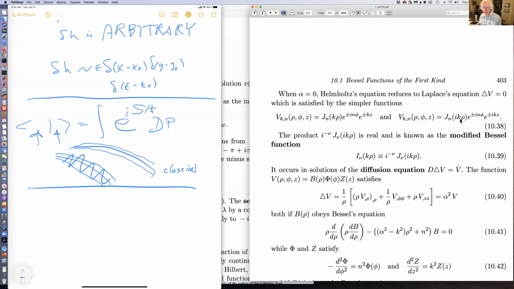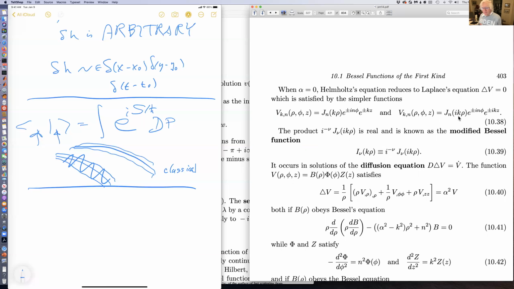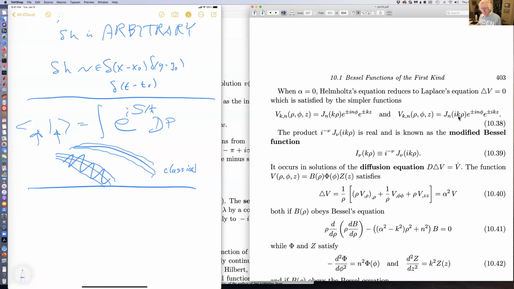This thing here is called a modified Bessel function. It turns out that it's proportional to I to the nu, and let's see, I think that nu should be n, actually. So let me just look at 10.38.